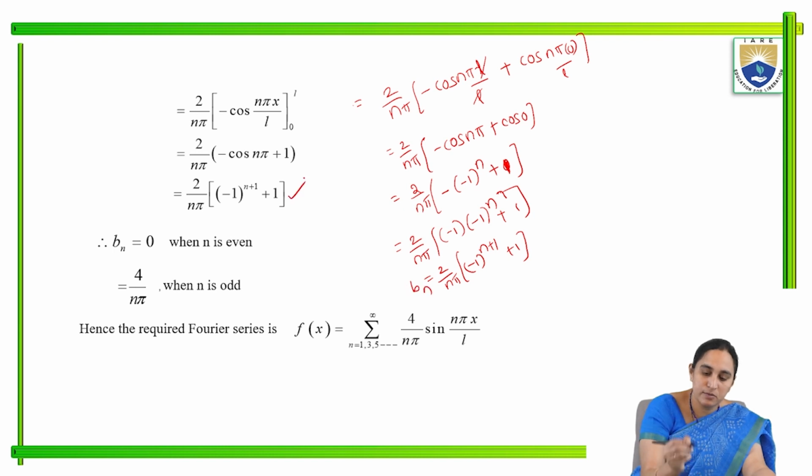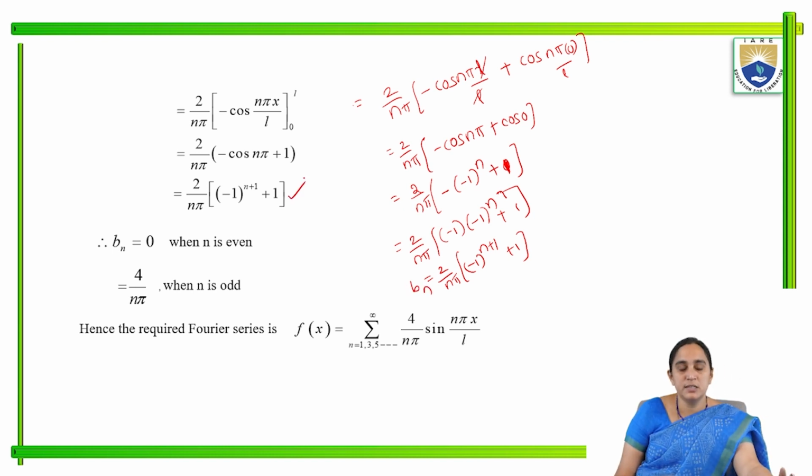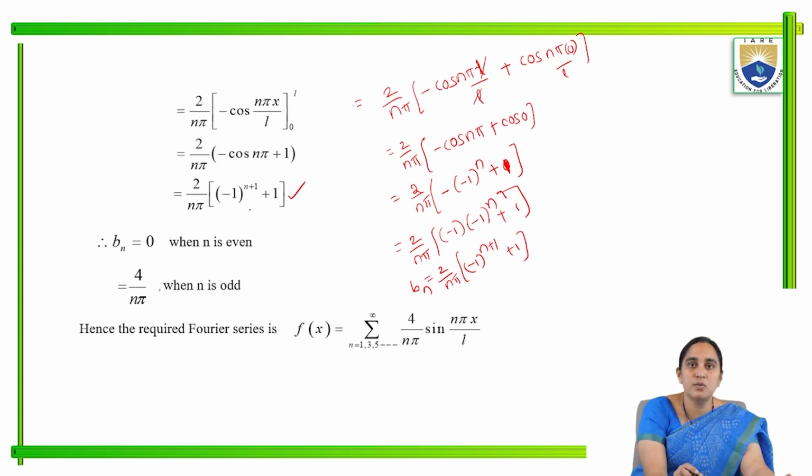This is the required value for Bn, that is Bn is equal to 2 by n pi into (minus 1 whole power n plus 1). Before substituting into the series, we substitute values of n directly. If n is 2, minus 1 whole power 3 plus 1 is minus 1 plus 1, that is 0.